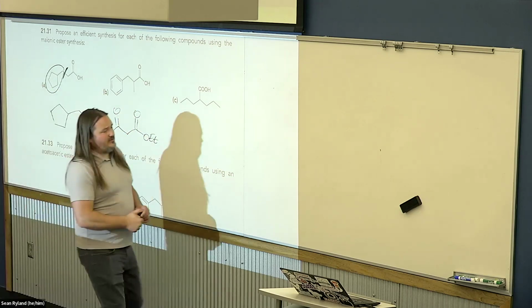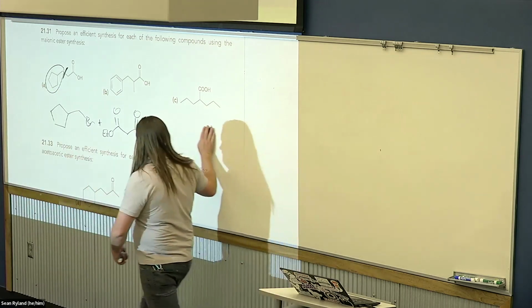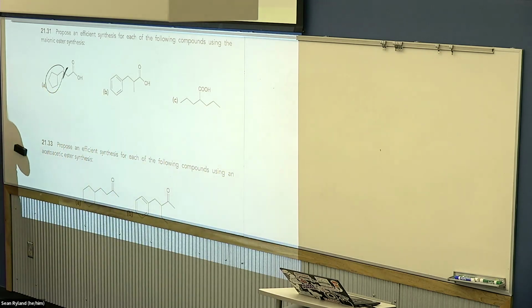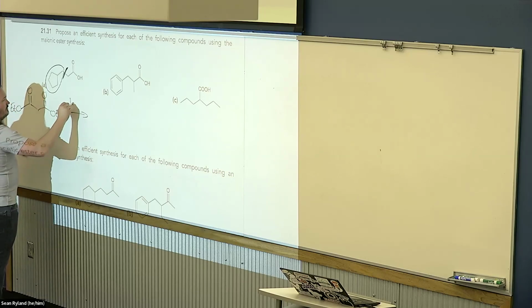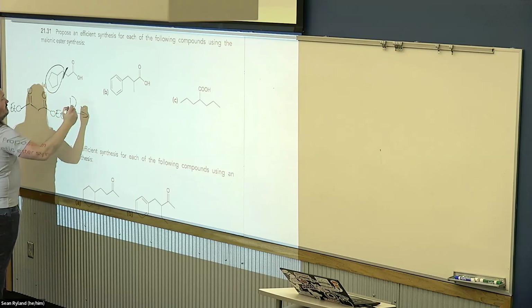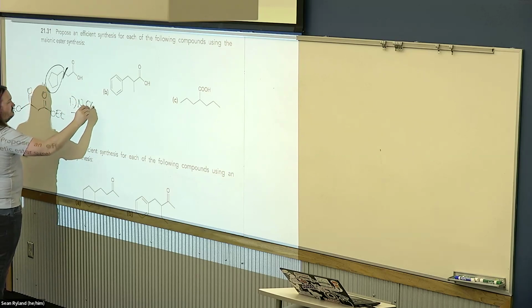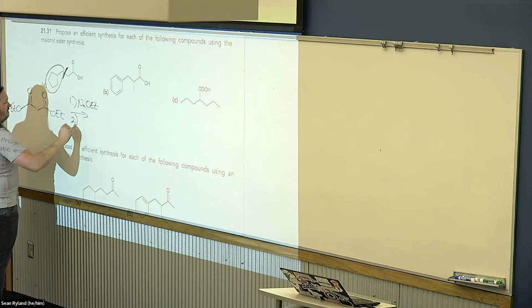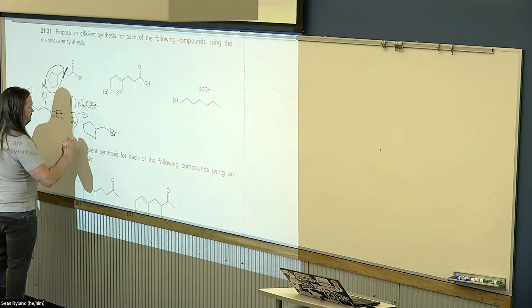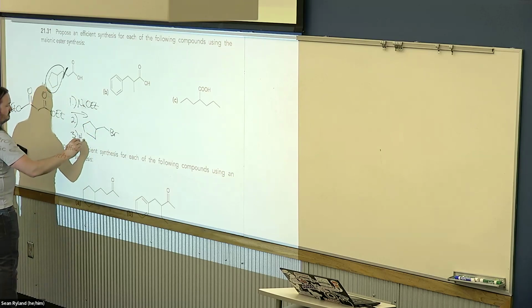You should have the malonic ester first. First step is LDA, or actually no, sodium ethoxide, followed by our halide, followed by acid.